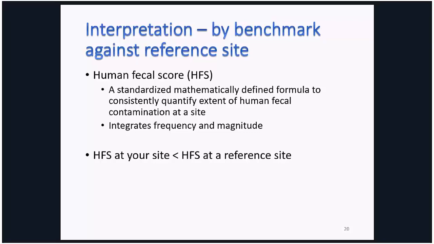So the higher the score, the more contaminated you are with human fecal material. So if you can demonstrate your human fecal score at your site is less than the score at a reference site, perhaps your site has low enough human contamination to be eligible for QMRA. Okay, next slide.